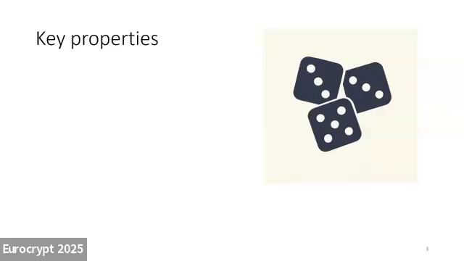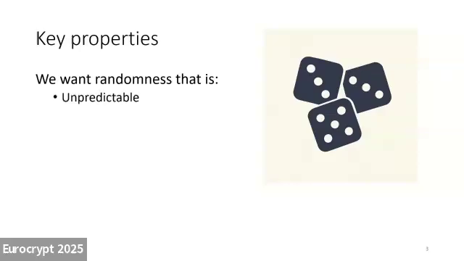And what is common for all of these applications is that we would like to have randomness that satisfies a few important properties. First of all, we would like to have randomness that is hard to predict. We would like to ensure that no one can bias the randomness. And finally, a lot of the applications profit from randomness that can be seen by everyone. And this is exactly what we provide in this work.